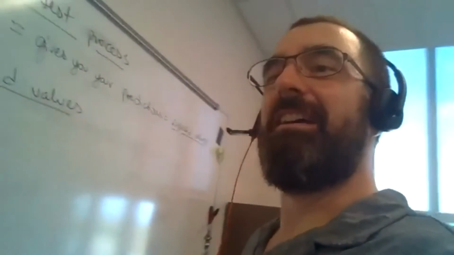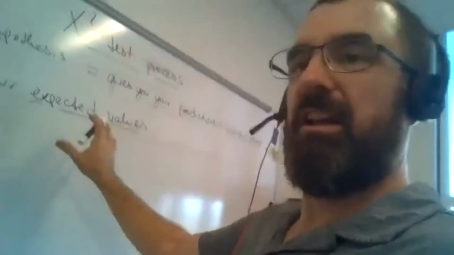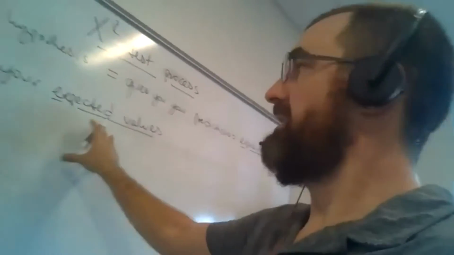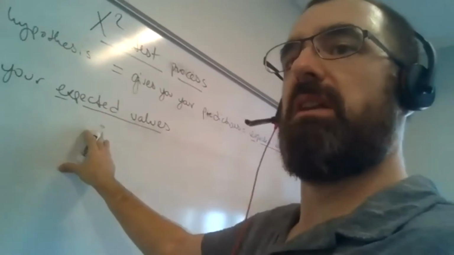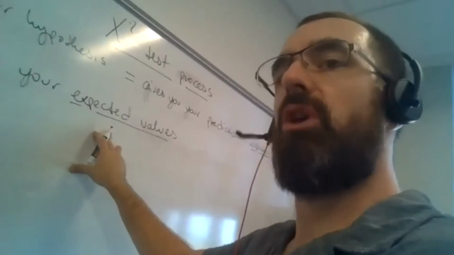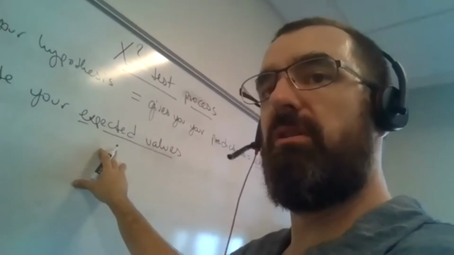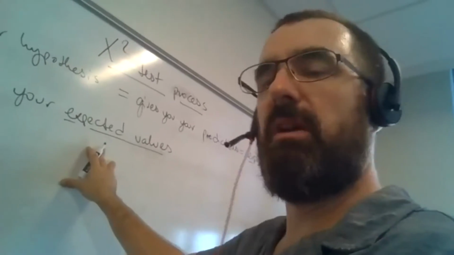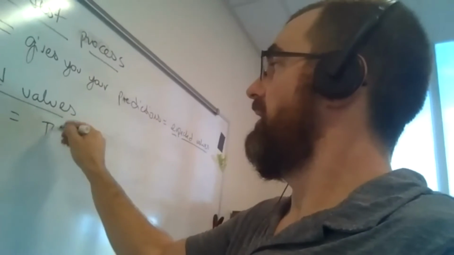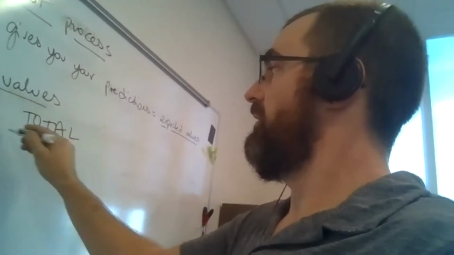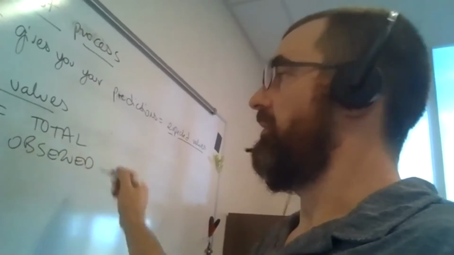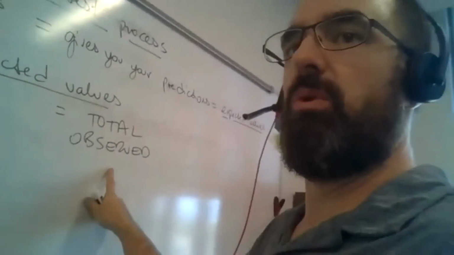Anyway, from teaching this a bunch, I know that one of the mistakes students make is they don't use the correct number to calculate their expected values. The number you should use is the total of your observations.